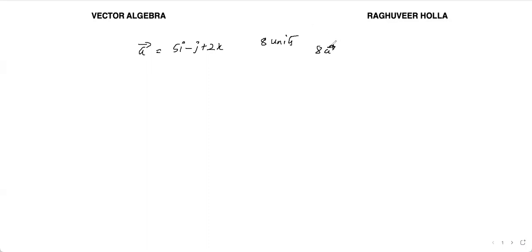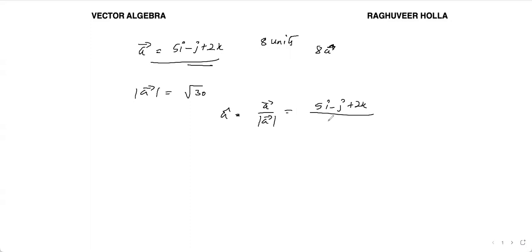Mod a will be root 30, and a cap, the unit vector, is a by mod a, which is equal to 5i minus j plus 2k by root 30.